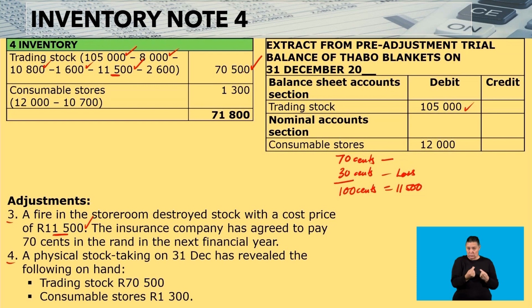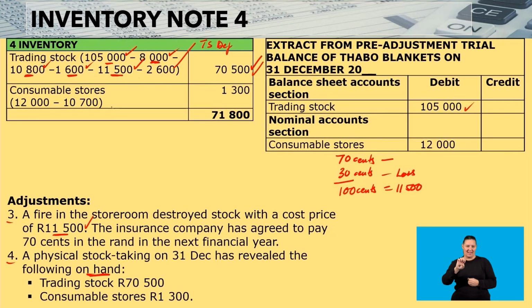Then once we have done that, when we get the difference between 105,000 minus 8,000 minus 10.8 minus 1.6 minus 11.5 and the 70,500, we realize that we have 2,600, and once it's a minus, it becomes a trading stock deficit. Remember, this goes to your statement of comprehensive income.